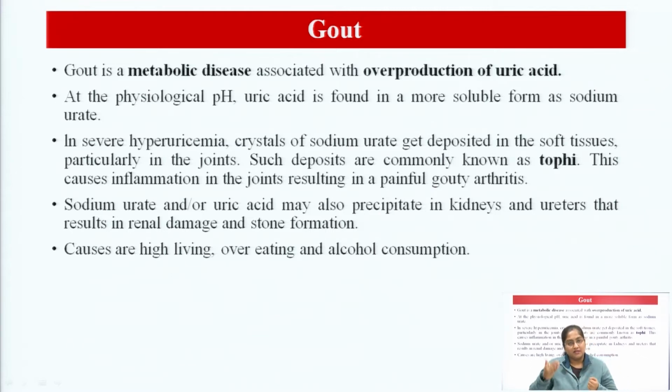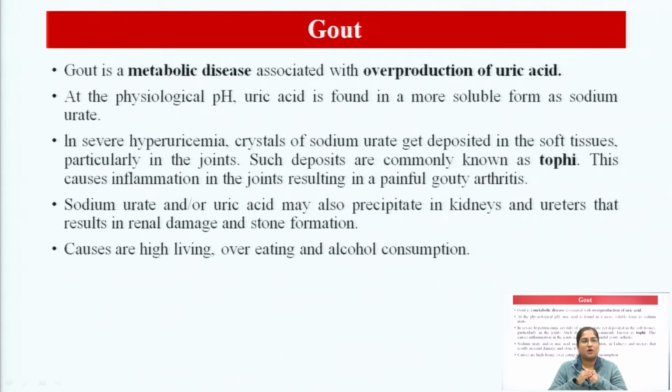Eventually the fluid present between the joint will get dehydrated, and the joint will start to swell, because there will be less fluid present between the joints. If there is a huge amount of uric acid in the joint and less fluid, it is very difficult for these joints to move, because there are certain crystals of uric acid present.